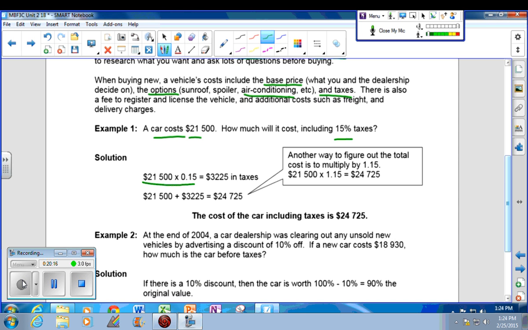So what we do here, there's two ways to solve this. One is just to multiply the base price by 0.15, which is 15% in decimal form. You get the taxes, and then you add them together.